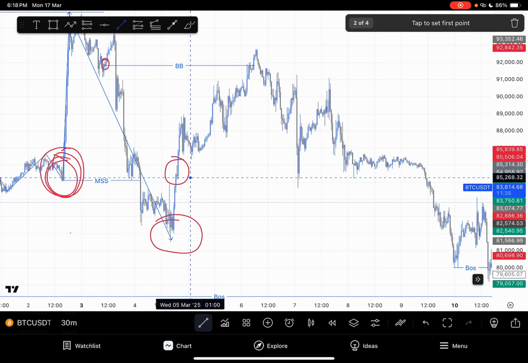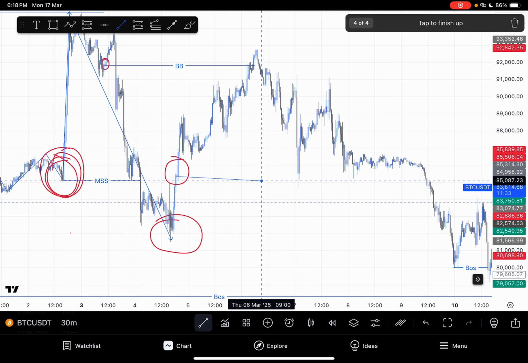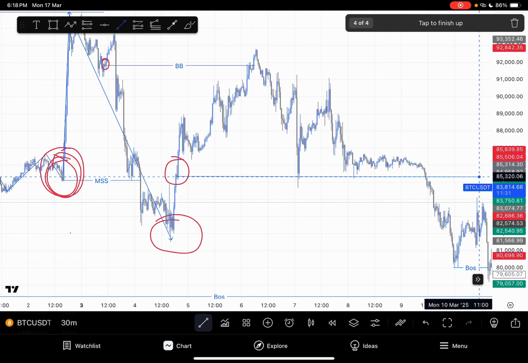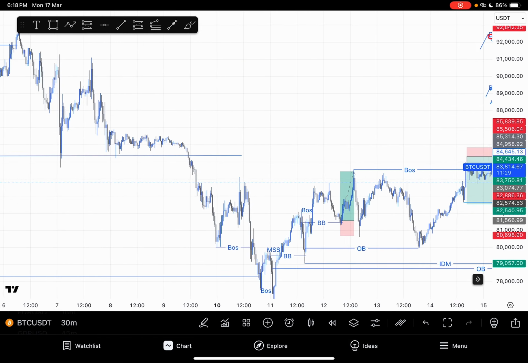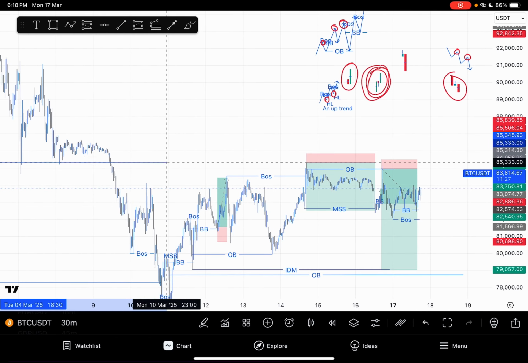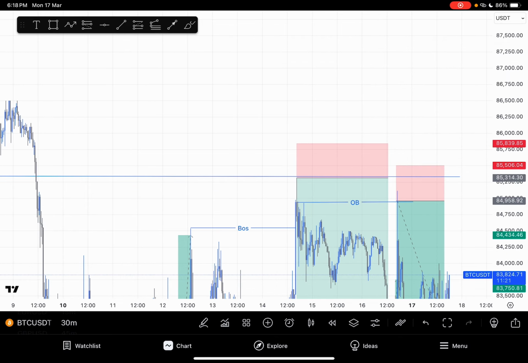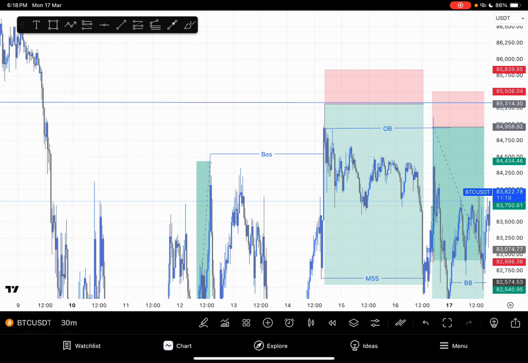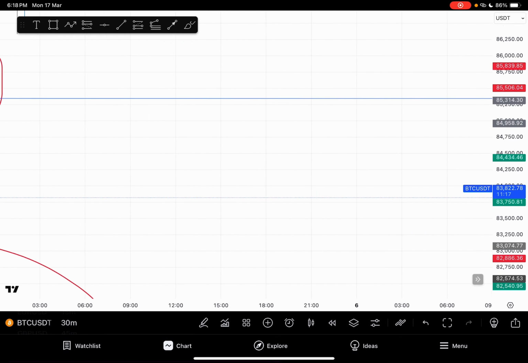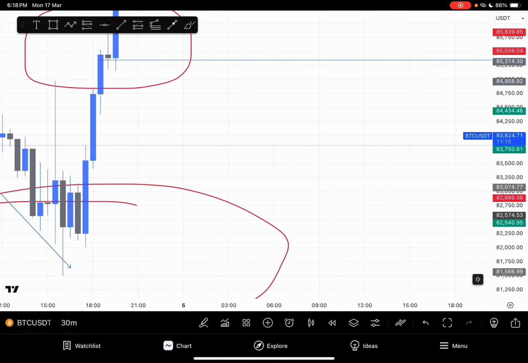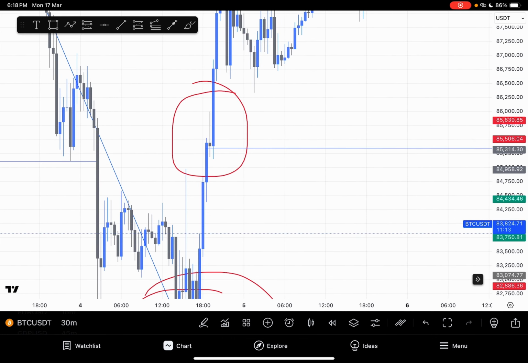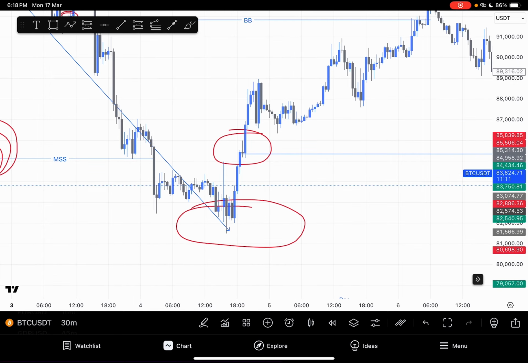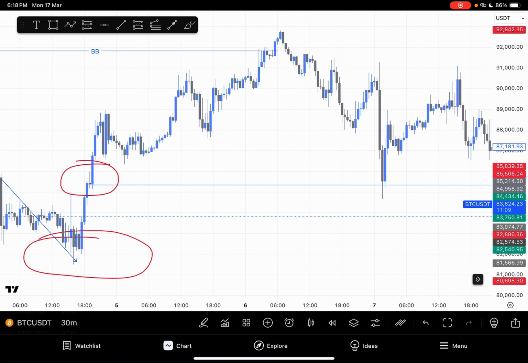So you can simply draw that line back again to this point here. That's why you see I took my entry from that region there because of this breaker block. That's why I took my entry after that break of structure.